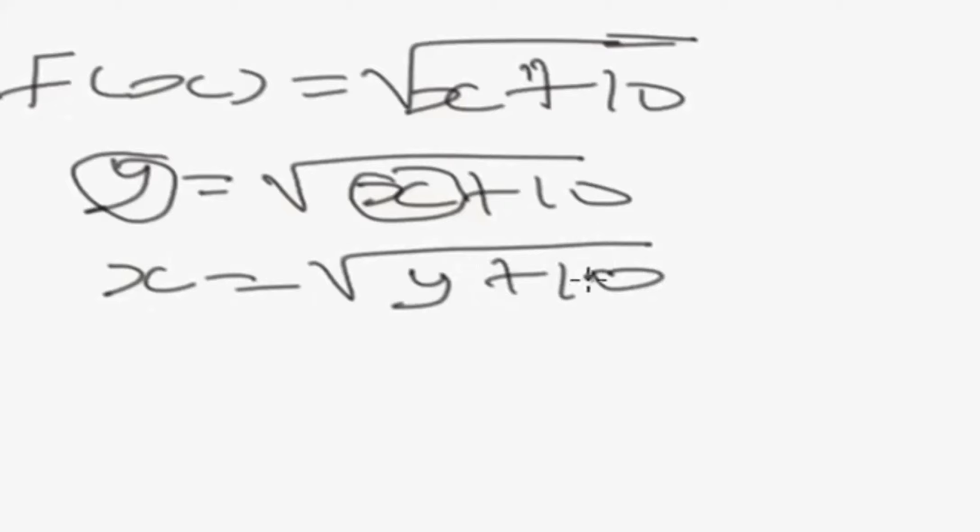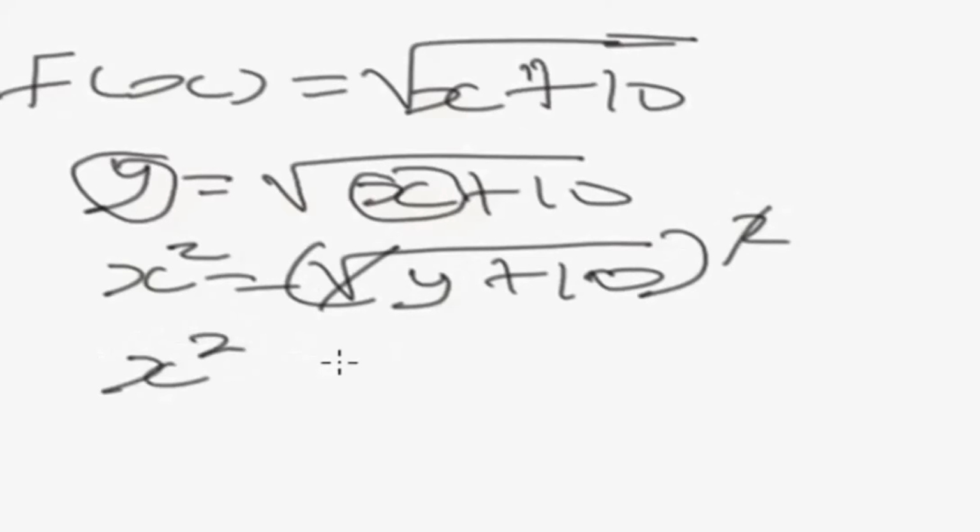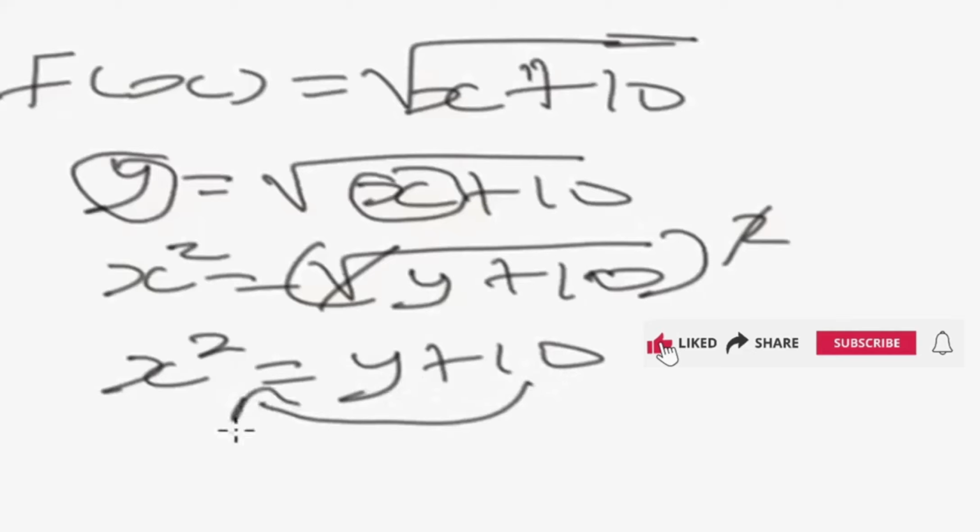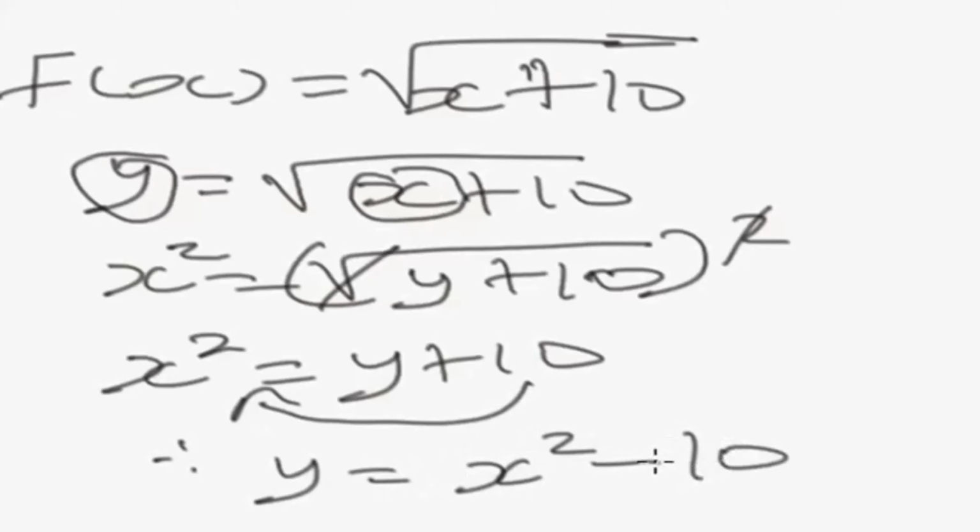Remember we are going to make y the subject of the formula. Before we do that, you need to square both sides. This square will cancel the square root, so we're going to be left with x squared equals y plus 10. Then to make y the subject of the formula, this 10 will cross over with the opposite sign. Therefore, our inverse function y will be x squared minus 10. So that will be our final answer.